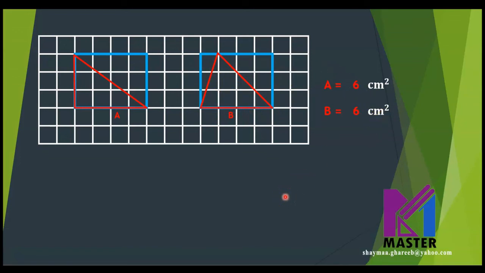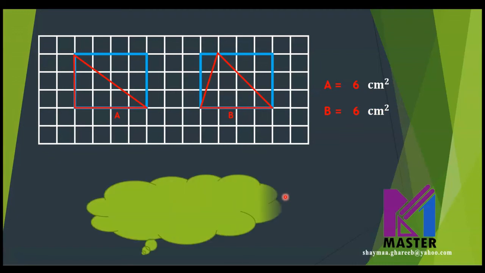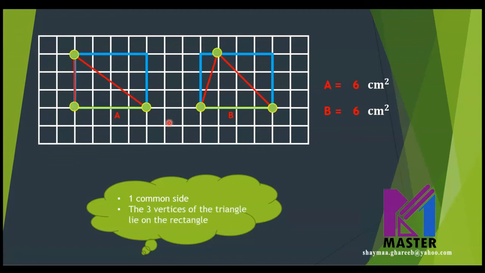So we can come up with a rule when we have one common side between the triangle and the rectangle, and when the three vertices of the triangle all lie on the rectangle.